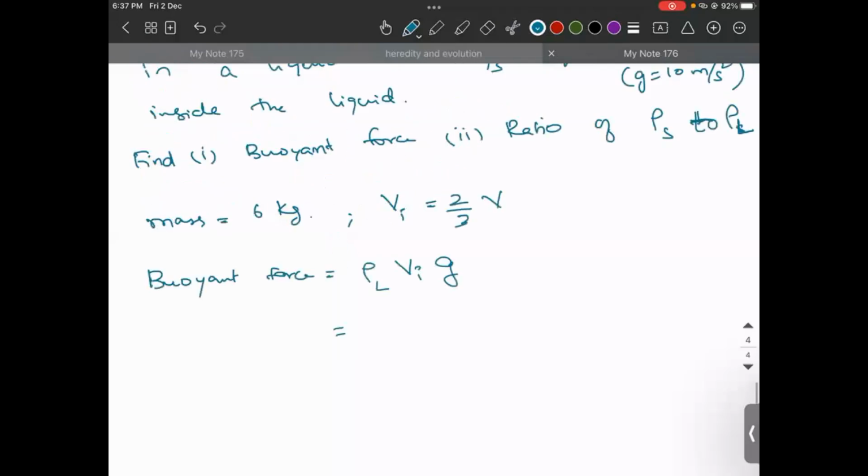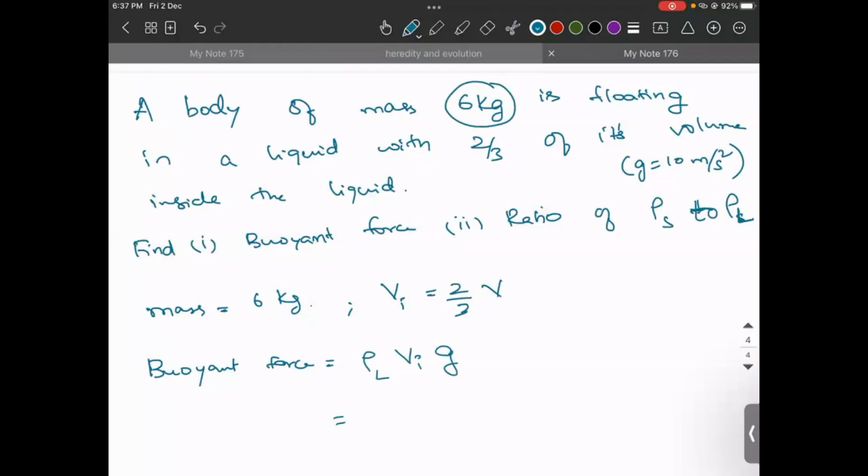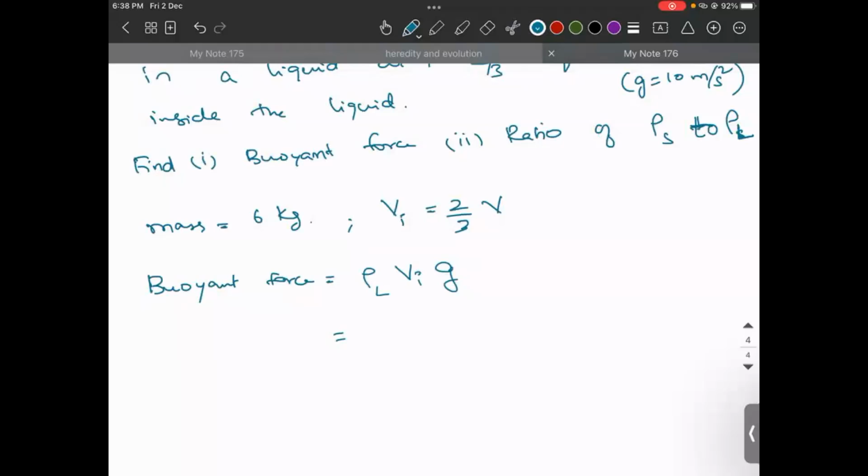At least now solve and tell what is the liquid that is there. So liquid density is not given. So how do we solve it smartly?